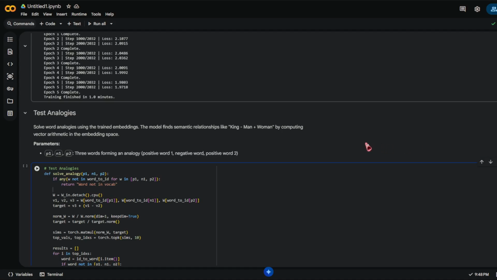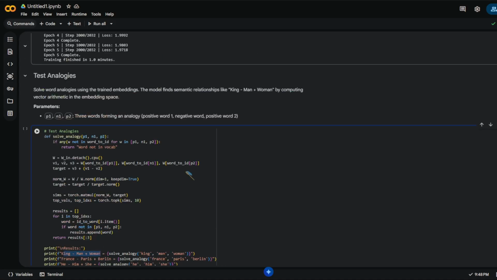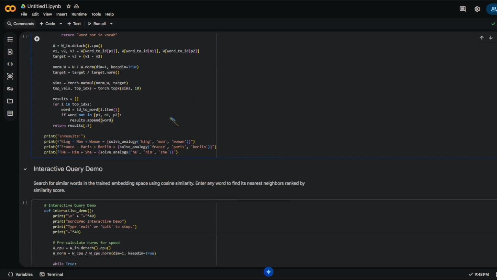So after training, hopefully the model learned to map the words into the vector space. We can prove this with vector arithmetic. The classic test is king minus man plus woman. Let's try.